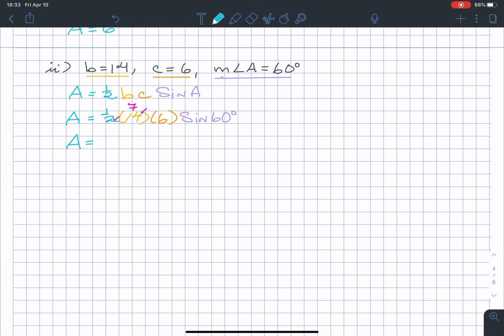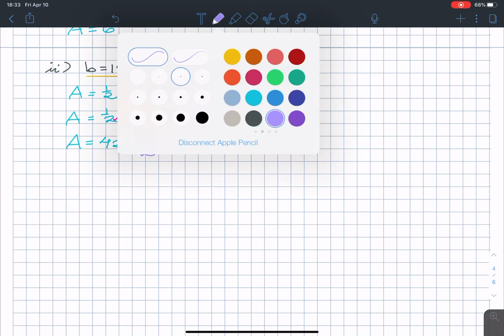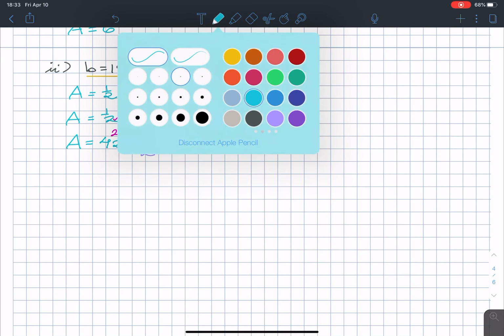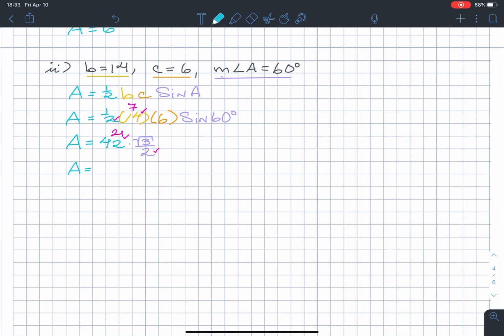Okay, so 7 times 6 is what, 42? And sine of 60 degrees is the square root of 3 over 2. So now 2 goes into 42 21 times. So we get that the area for this triangle is 21 times the square root of 3.